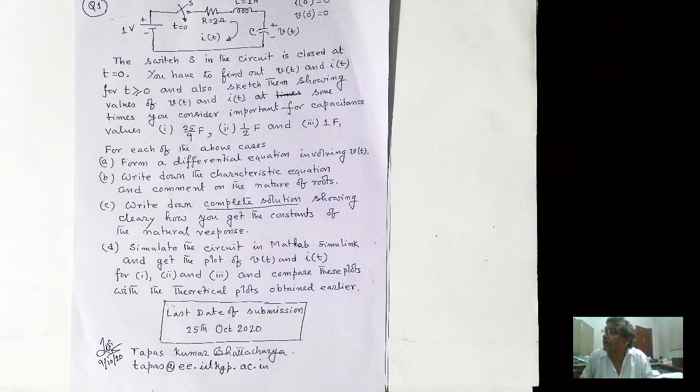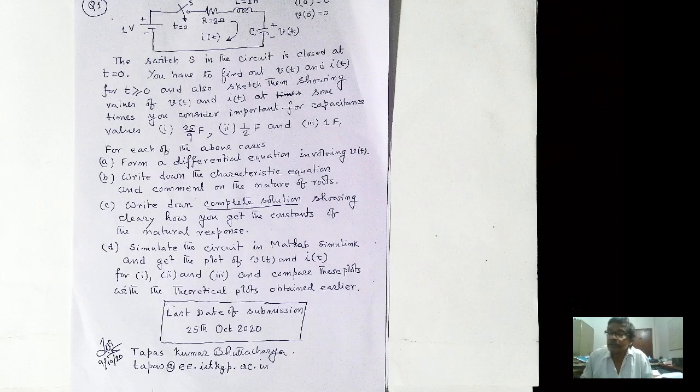If it has become a first order system, you do it. If it has become a second order system, you do it. So try to avoid straight away putting values into formulas. That is not a good practice. It will also give you confidence. So mind you, this is the problem. The theoretical parts you have to do with your own hands.